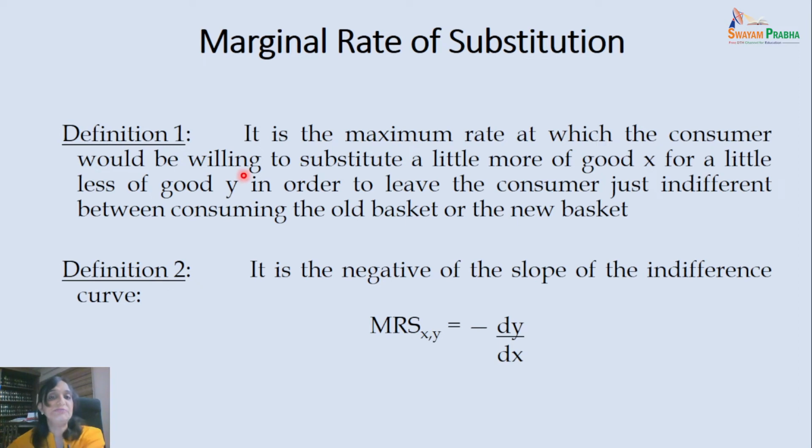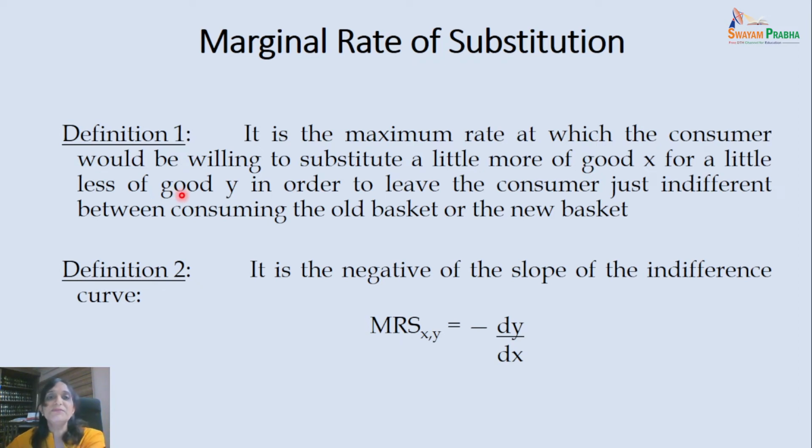Let us see this definition again by breaking it into small parts. What is MRS or marginal rate of substitution? It is the rate at which the consumer is willing to substitute a little more of good X for a little less of good Y.